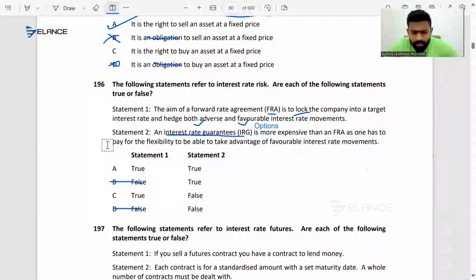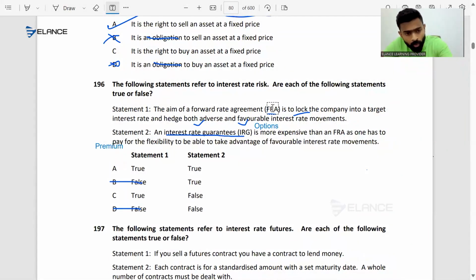What is that payment named for options? It's premium, right? So options are costlier than forward or futures.